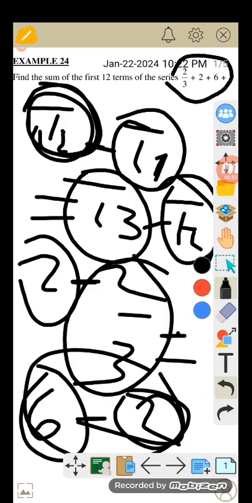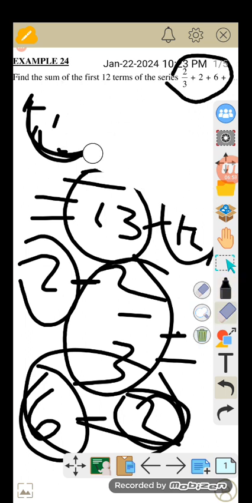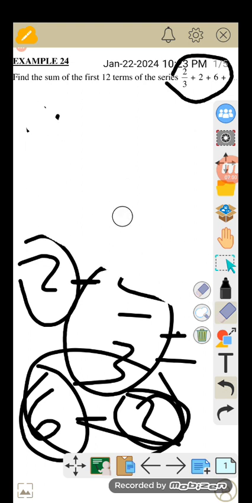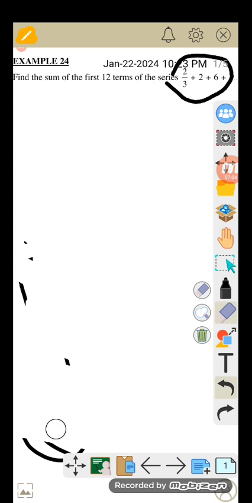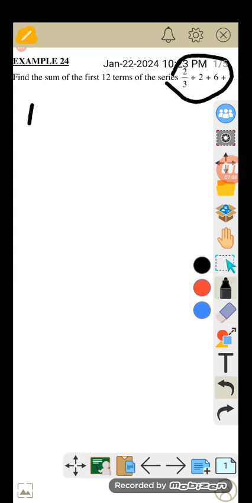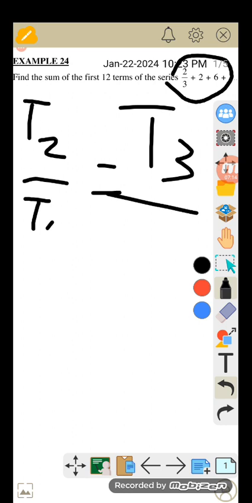So we are going to check whether it is a geometric sequence. Remember, if it is a geometric sequence, T2 over T1 must be equal to T3 over T2.